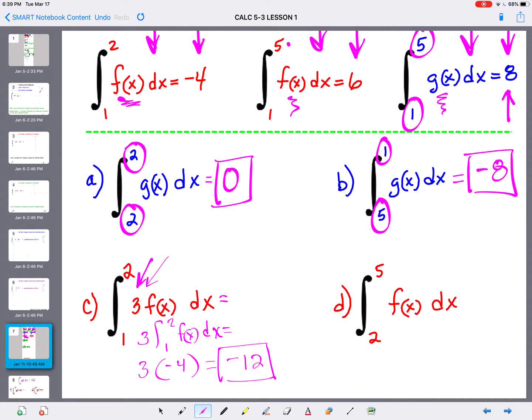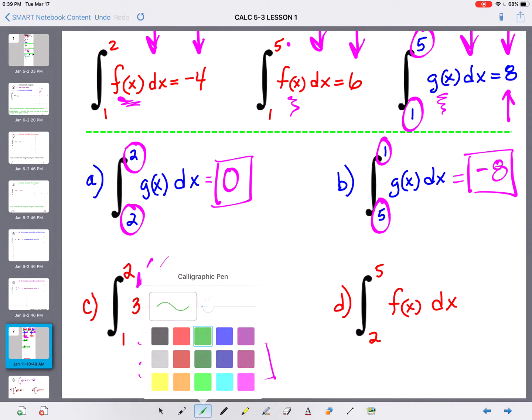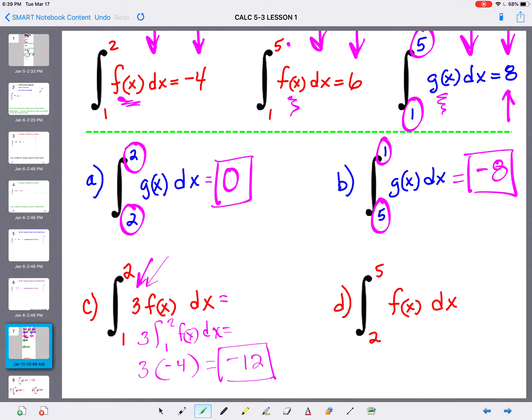Let's look at this one. This is probably the toughest one right here. Let's go green on this one. Notice this. This is an f of x function, and they want the integral from 2 to 5. Take a look at the little equation I'm going to write down below. I have an integral, let's say from 1 to 2 of f of x, plus the integral from 2 to 5 of f of x.